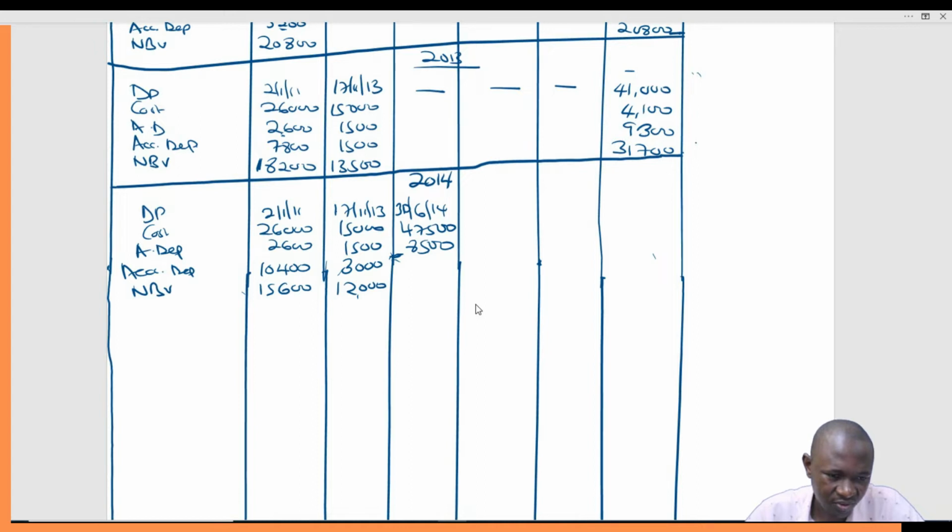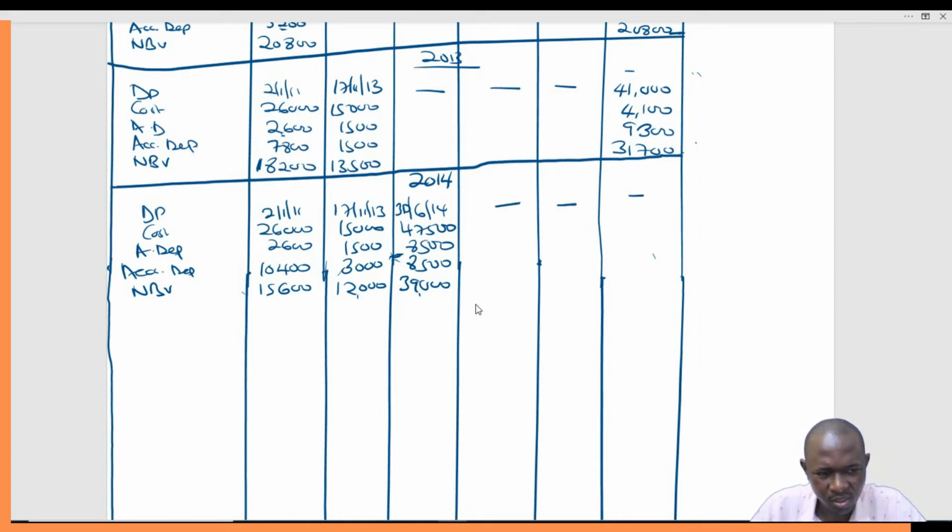Annual depreciation is 8.5, so accumulated depreciation, because it's the first year, will be 8.5. So 39,000 like that. And we still don't have machine E and D.